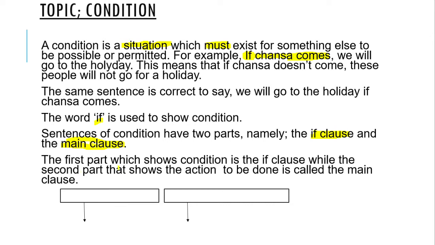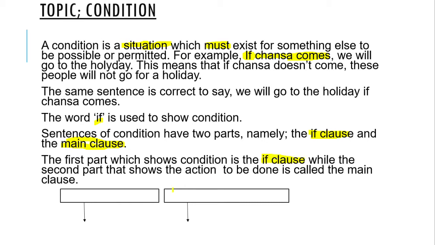The first part, which shows the condition, the part with the thing that must be possible or that must exist, is what we call the if clause. The part with a situation which must exist is the if clause.